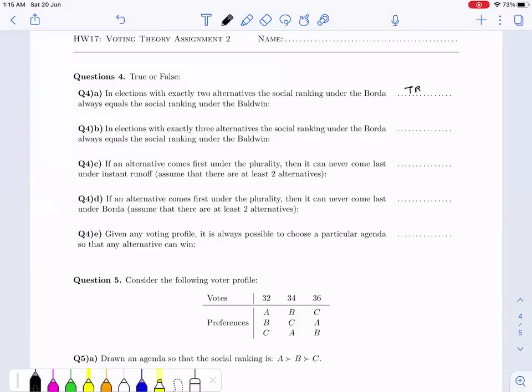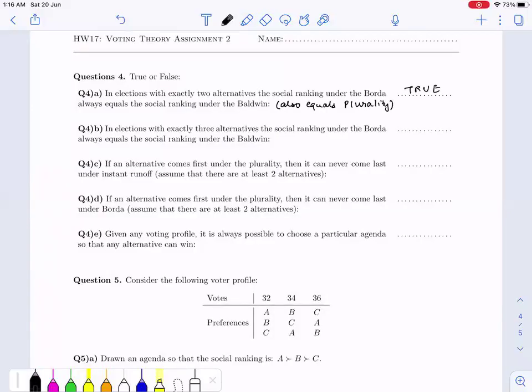That is true because you don't need to move to other rounds. Baldwin is just applying BODA in rounds. And if there are only 2 alternatives, you're not eliminating anything. So in fact, this also equals the social ranking with plurality.